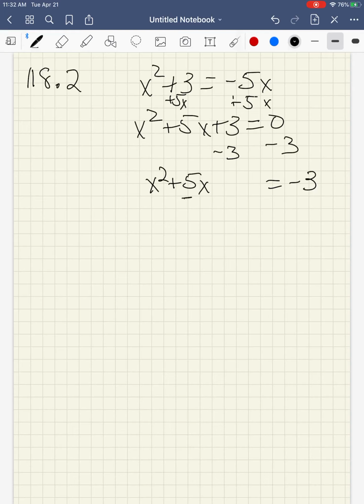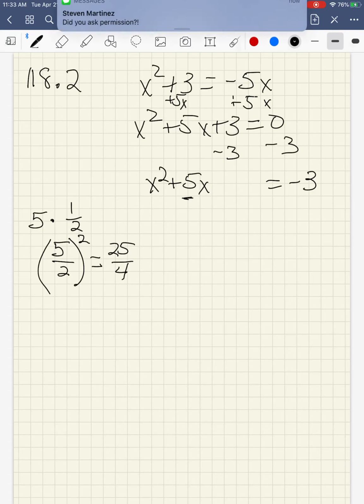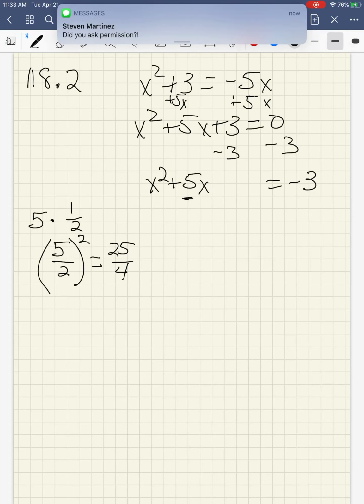The middle coefficient is 5, isn't it? So that'd be 5 times 1/2, which is 5/2. And what did I say to do to that 5/2? I said to square it, didn't I? So 5/2 squared is 25/4. And what do we do with that?